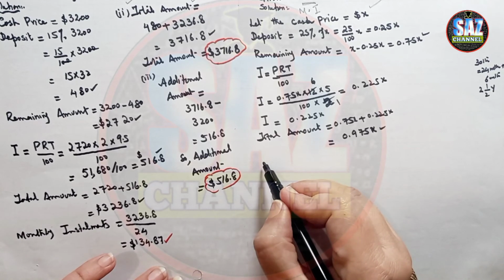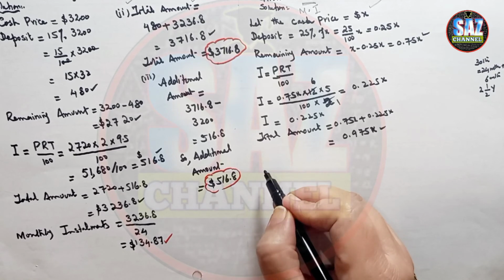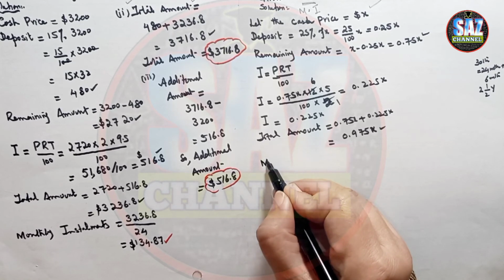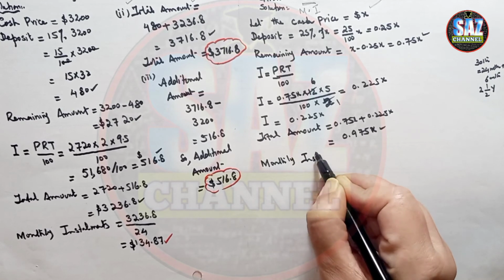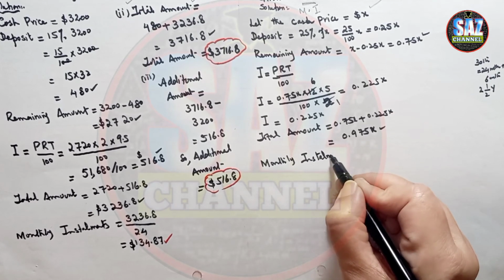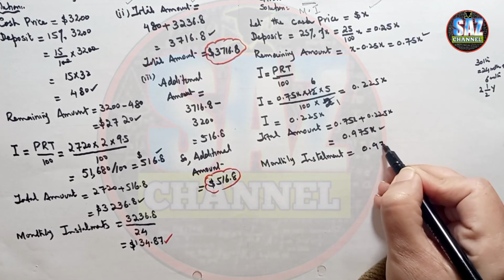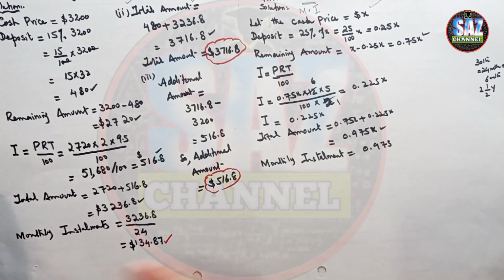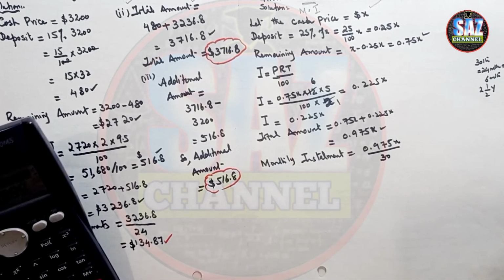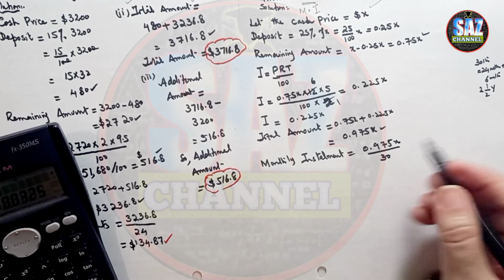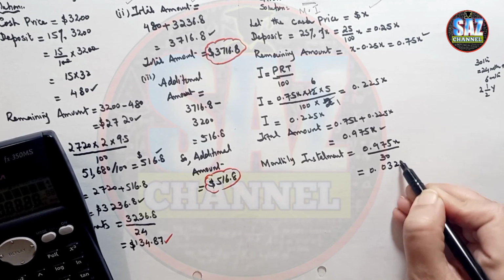So the expression for one installment, or monthly installment, will be equal to 0.975x upon 30. I can divide it by 30 and get the answer 0.0325x.